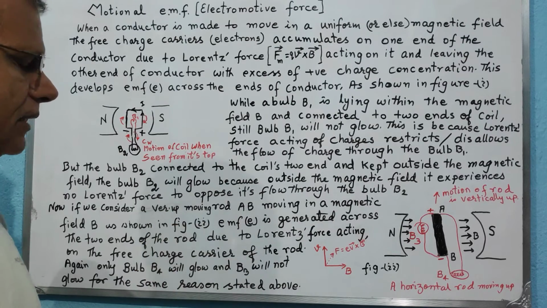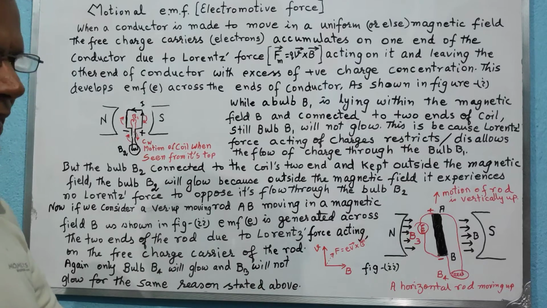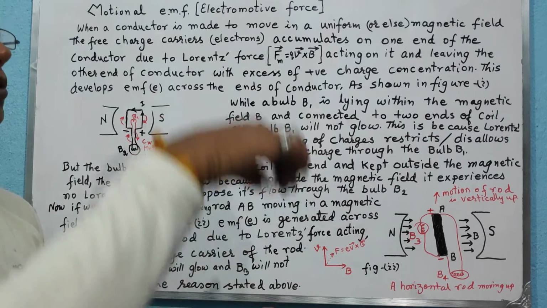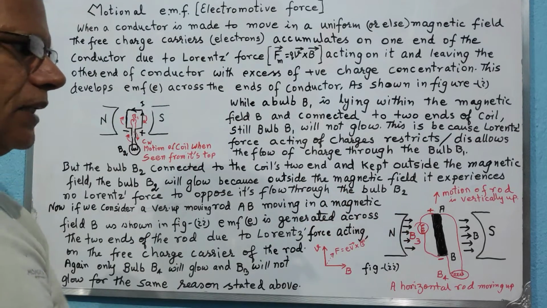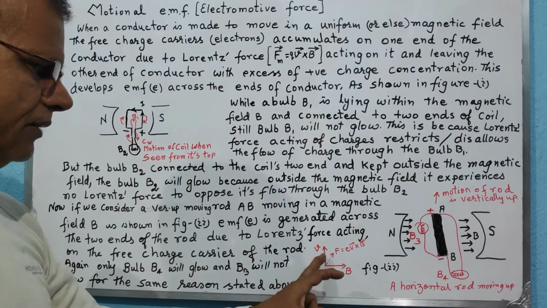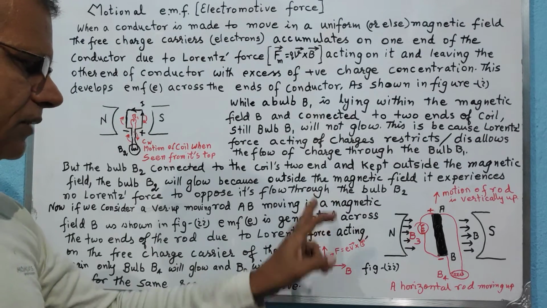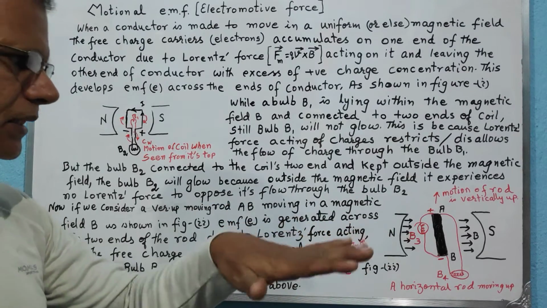Now we can have another case, a horizontal rod which is placed in a magnetic field and is made to move vertically upward. In that case you can apply the Lorentz force. What is the Lorentz force? You see, in this case the direction of motion is vertically upward and the direction of magnetic field is horizontal.